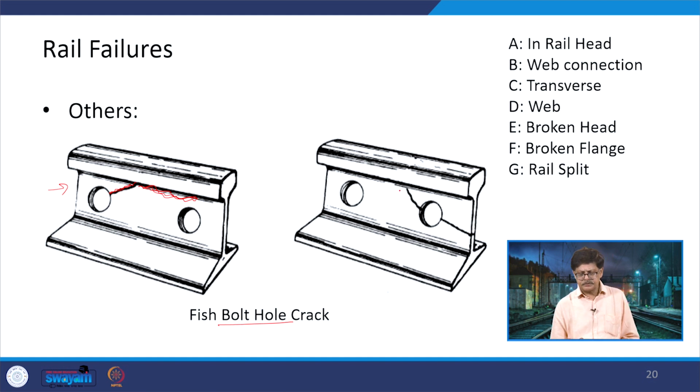In another case, it has moved towards the rail head, but at the same time it is also moving towards the rail end. And finally, if there is a problem in the case of a rail head, there is a transverse type of crack which occurs, then this whole section will get chipped off after some time.